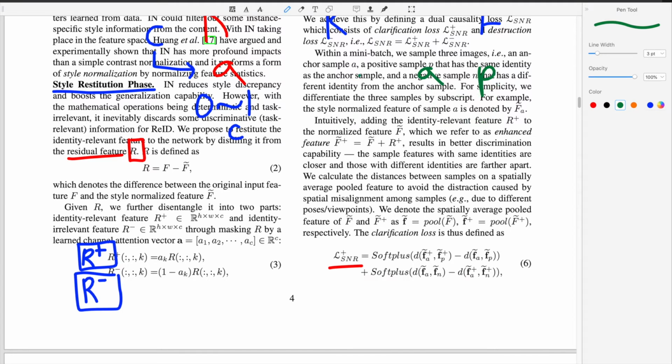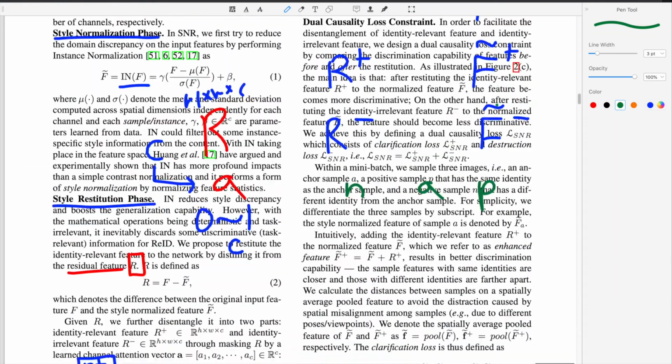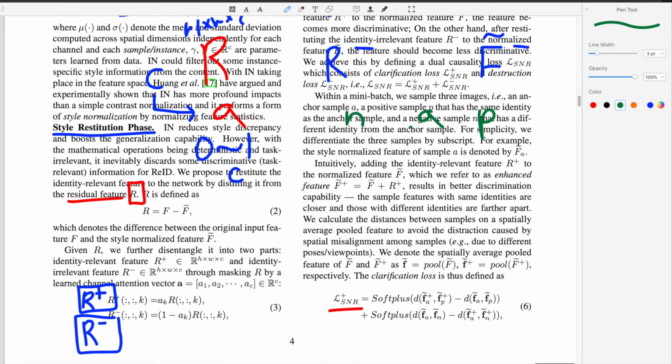And then a negative sample N, which has a different identity from the anchor sample. So for the first regularization here, we want to make it so that the features of these from F squiggly plus are closer to each other, and these are further from each other, while in F squiggly minus, we want to do the opposite.